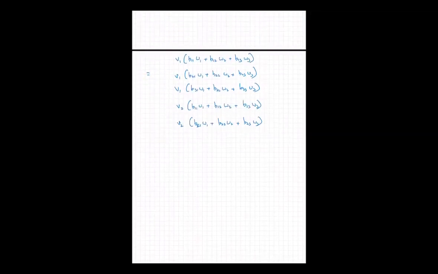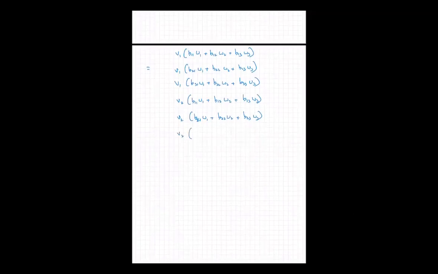I've written out so far, so I'll also write down the last element. So this is B31 plus B32 plus B33. And what is this column vector?